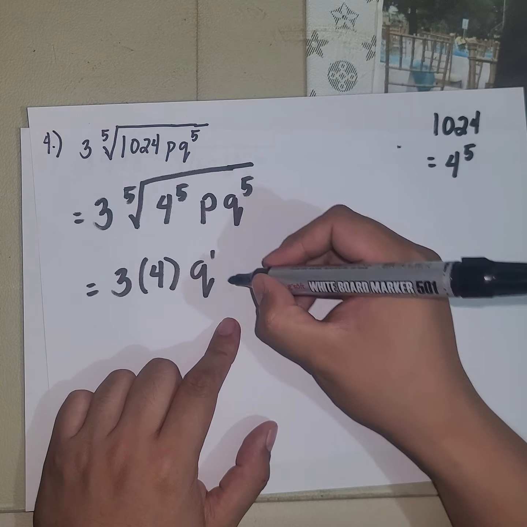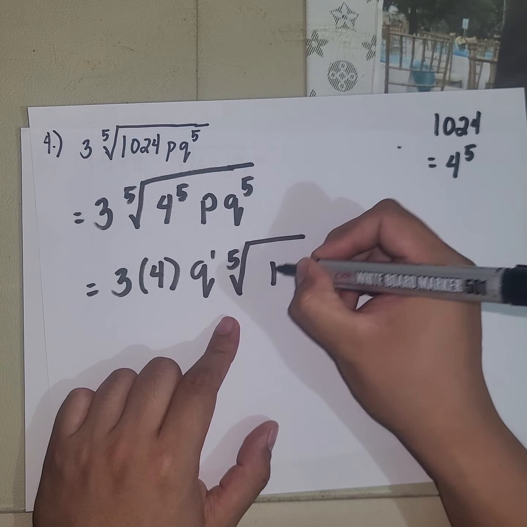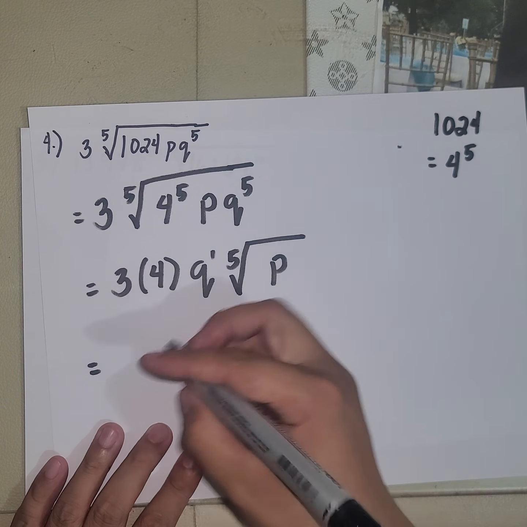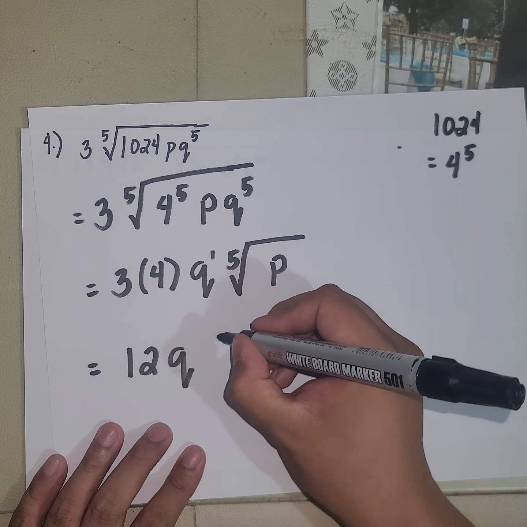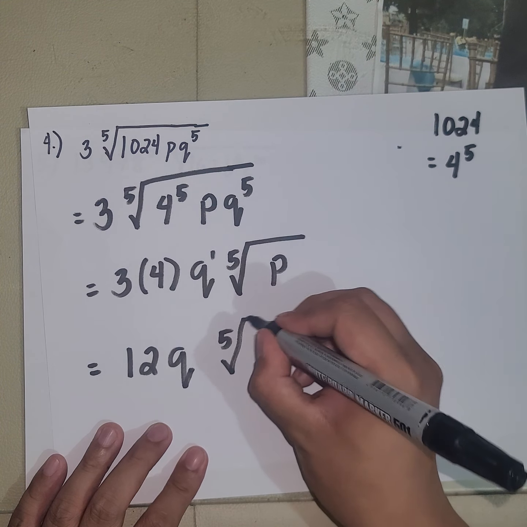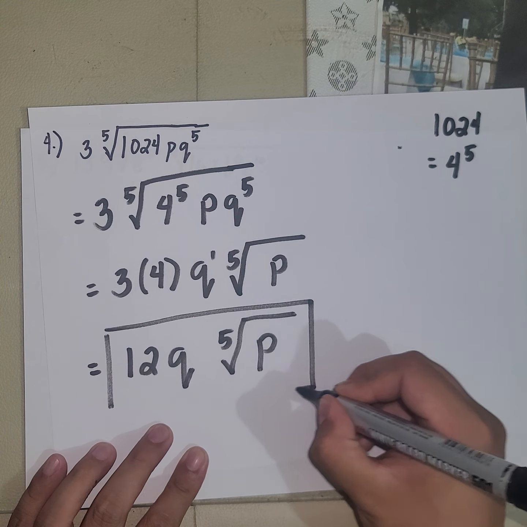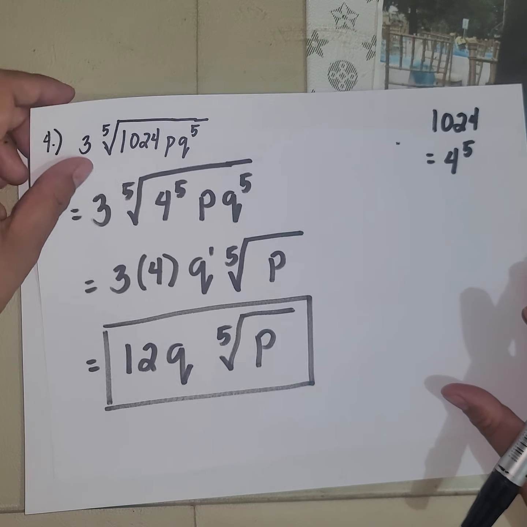Automatic yan. And then, fifth root of P. Equals, simplify natin, 3 times 4, that is 12. Then, copy Q. And then, fifth root of P. Okay, so this is the answer. 12Q, fifth root of P.